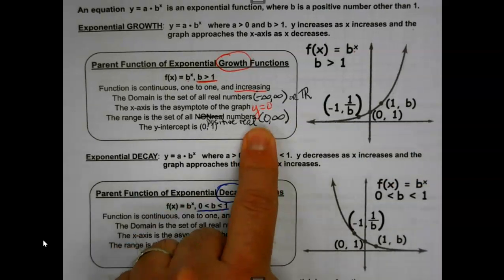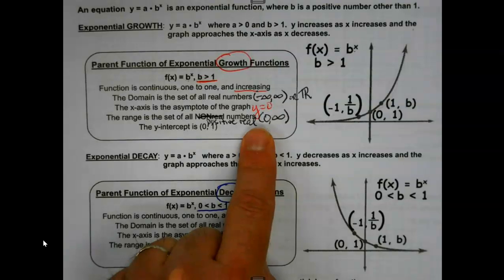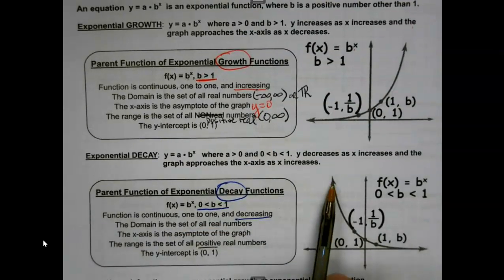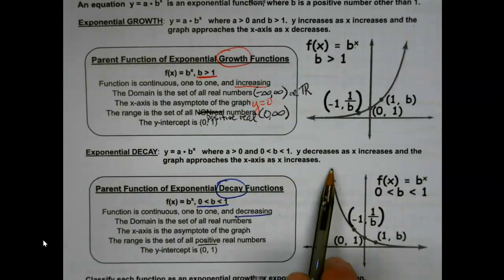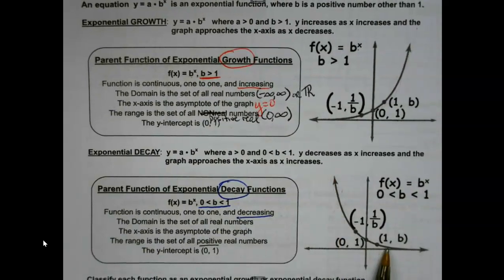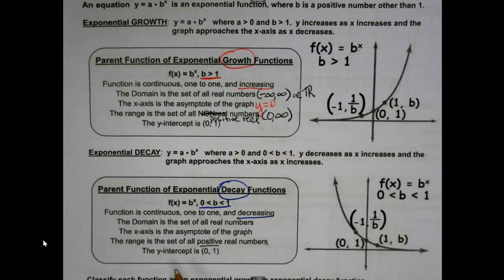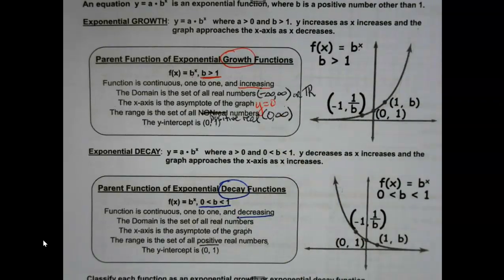That's why we're using a parenthesis here and not a bracket. And we'll see that more when we start graphing. And it's the same with decay. It's going up forever on the left side. But as I come to the right, it's getting closer and closer to the x-axis, but it's not going to cross it. So that's the same on both of these. And the y-intercept, again, until we get into shifts, yep, they're coming, will be (0, 1).